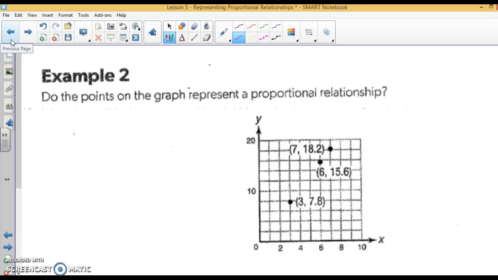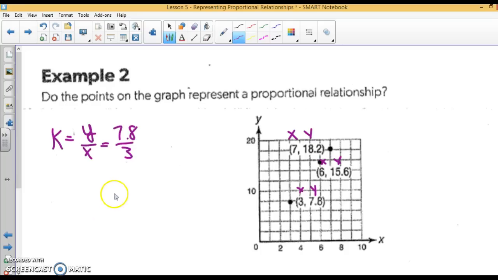All right, let's take a look at these. Do these points represent a proportional relationship? Well, aren't ordered pairs always x, y? So we need to see, k is y over x. Let's see if it's the same for every ordered pair. 7.8 over 3.